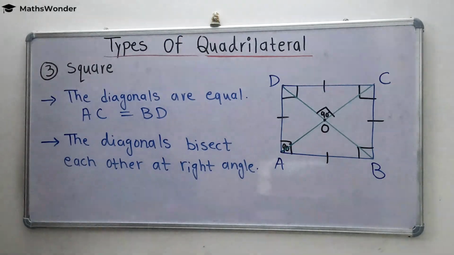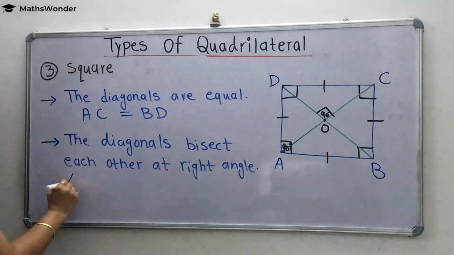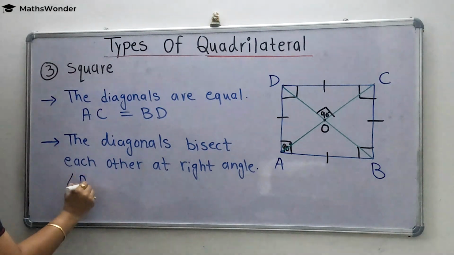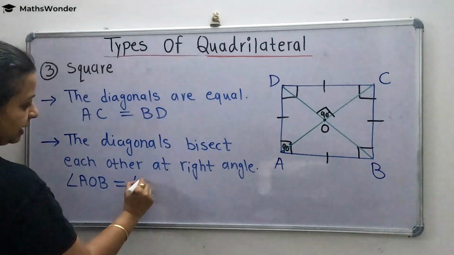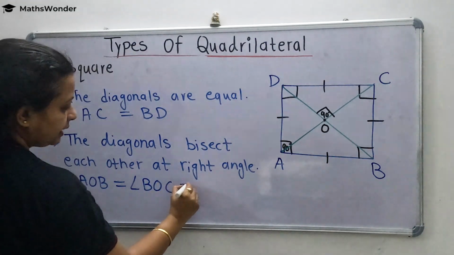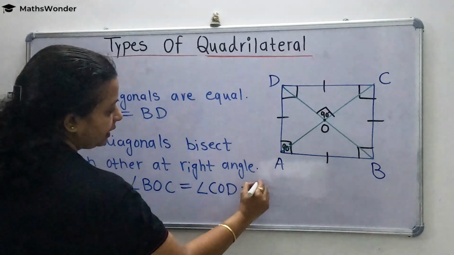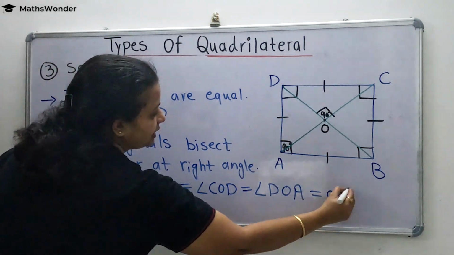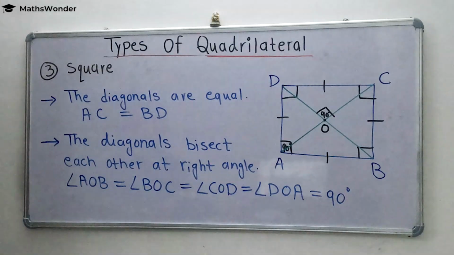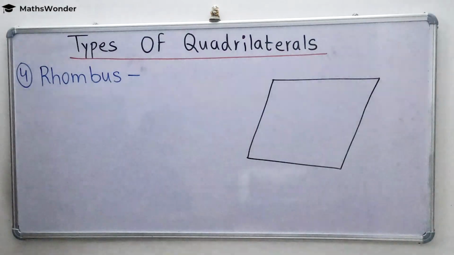You can write angle AOB, angle BOC, angle COD, angle DOA, all are 90 degrees. So the diagonals bisect each other at right angle. So these are the five properties of a square.